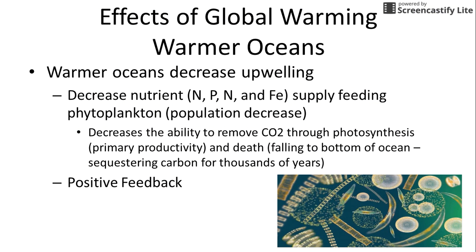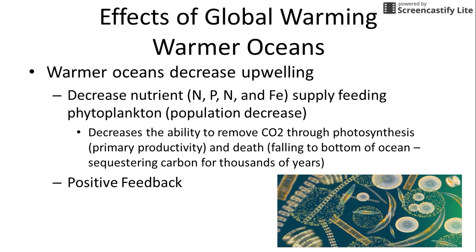Okay. So another effect of global warming is that we have these warmer oceans, like I said. And so warmer oceans, just like in an El Nino event, are going to decrease upwelling. And so upwelling is an important source of nutrients. You have that, right, the nitrogen, the phosphorus, potassium, iron.